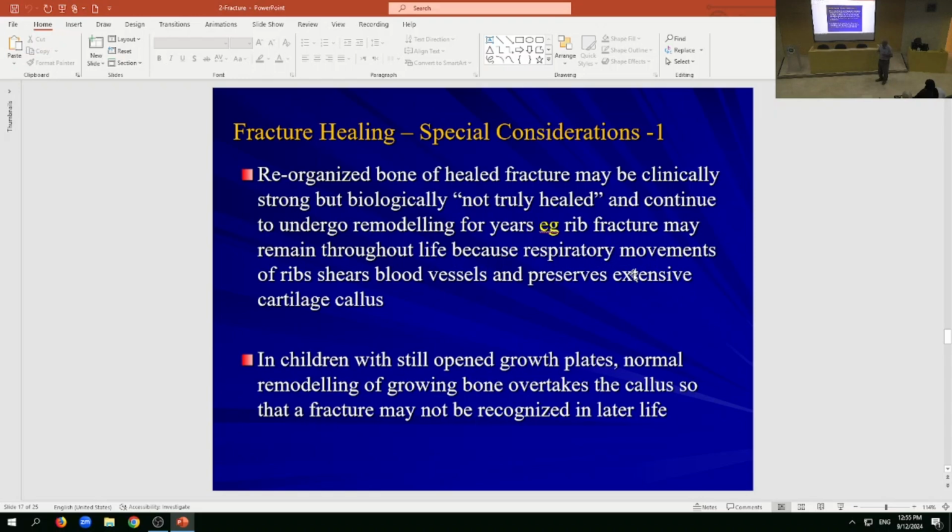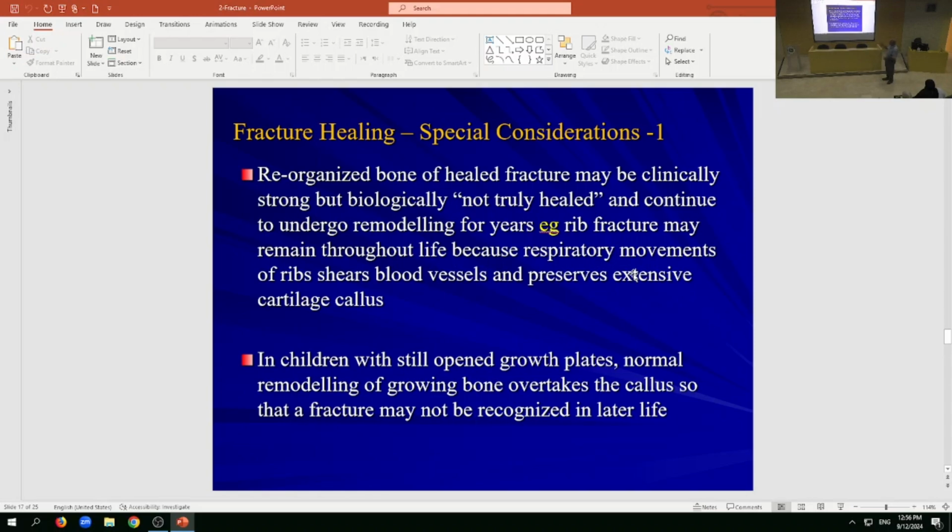I mean, there is a fracture of the rib. Both ends are near each other. They form cartilage, more than bone, but it doesn't heal because of the movement. This is one of the modifying factors, right? So it doesn't heal well. So it remains for a long time until death.